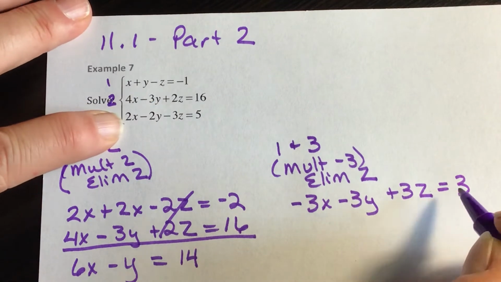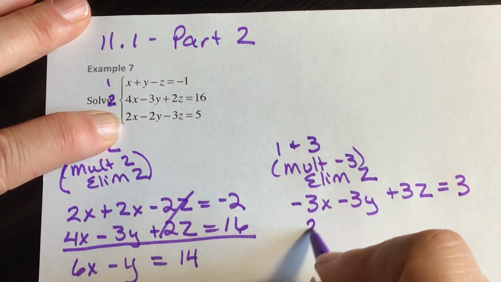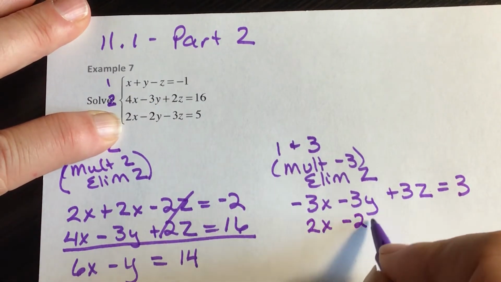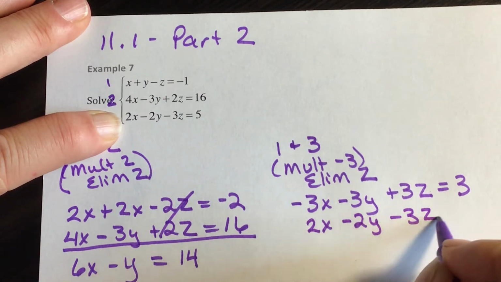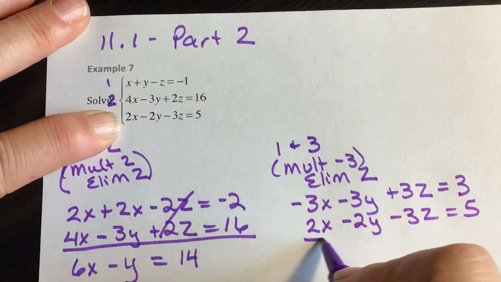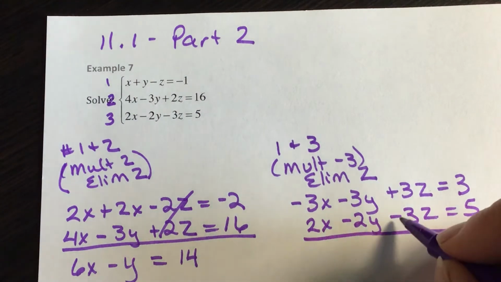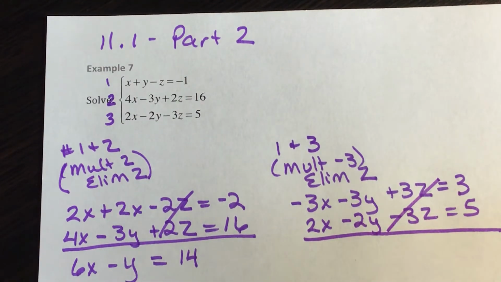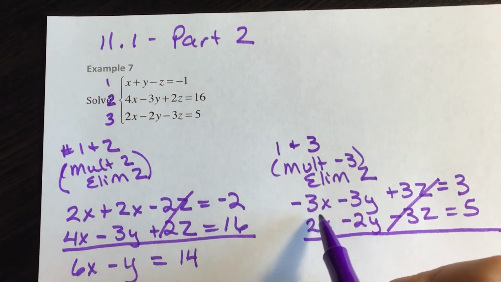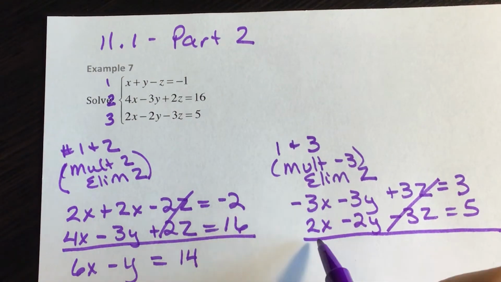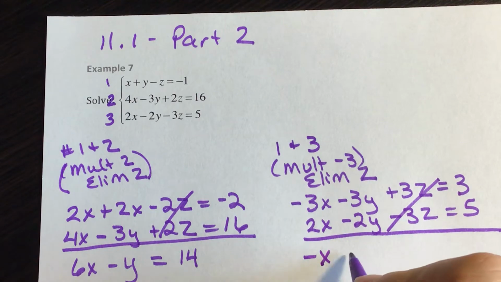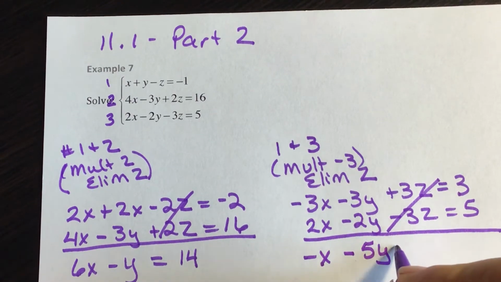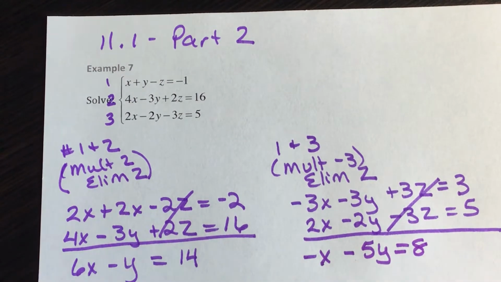And then the third sentence, I'll write exactly the same: 2x minus 2y minus 3z is 5. So I will cancel my z's because they add up to 0. So this gives me negative x minus 5y equals 8.